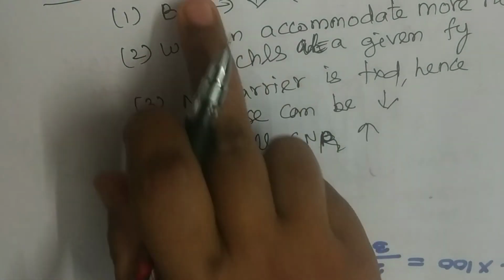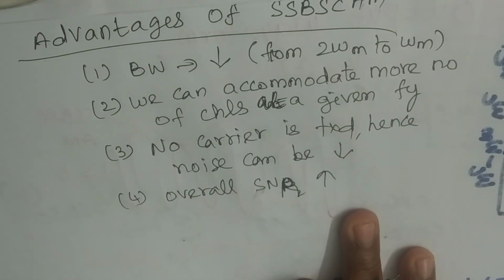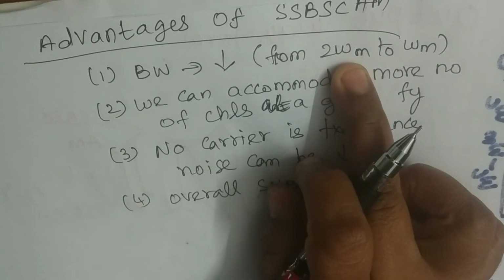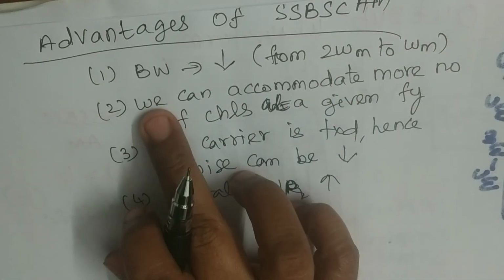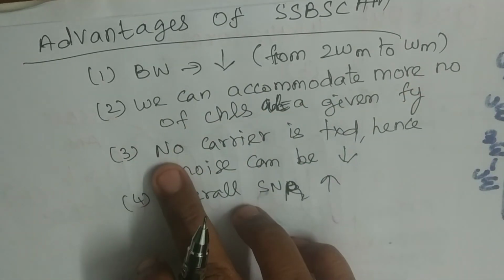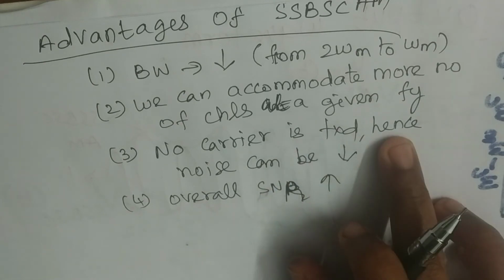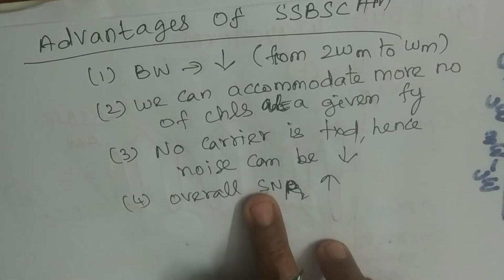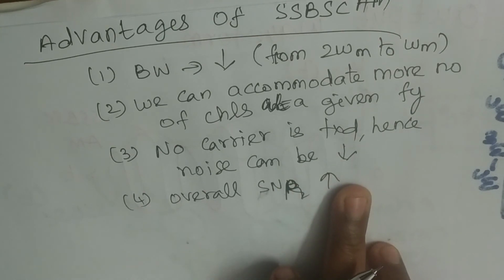So these are some of the advantages of SSB SC AM. Bandwidth is reduced from 2 omega m to omega m. Then we can accommodate more number of channels at a given frequency. Then no carrier signal is transmitted, so the noise can be reduced. Then overall signal to noise ratio can be improved.